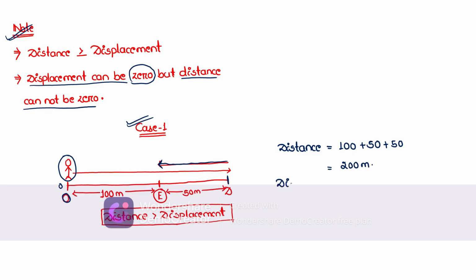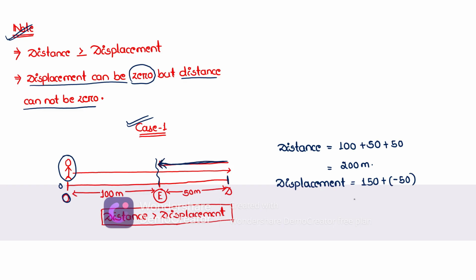Let's talk about displacement. From O to D, the displacement is 150. From point D, he returned to point E, so the displacement would be negative 50 because he is walking in the negative direction.